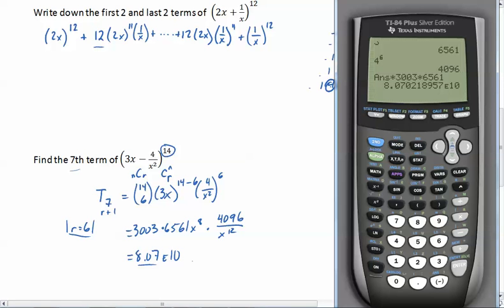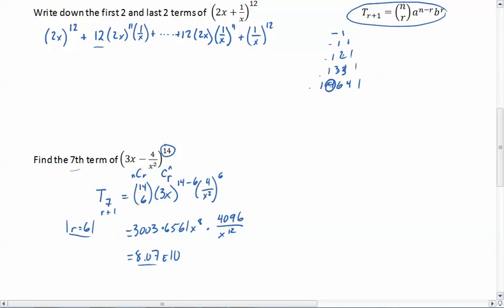So times 10 to the 10th, and then I'll have x to the 8th on top, x to the 12th on bottom, which results in me having an x to the negative 4. Now I know probably sometime in Algebra 1 your teacher taught you that you should never ever leave a negative exponent, but you know what, IB doesn't really care that much. If it really bothers you, you can go ahead and rewrite it as 8.07 times 10 to the 10th over x to the 4th, and that's fine. But this is also perfectly acceptable.